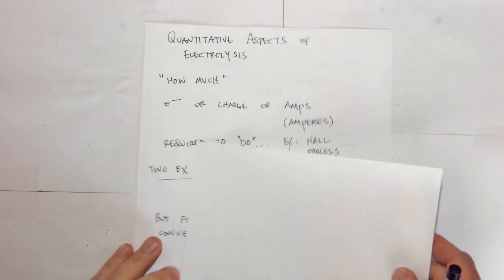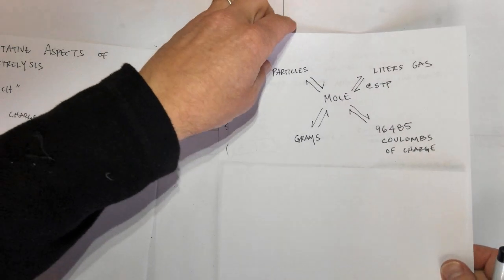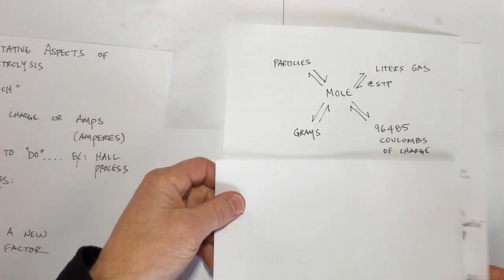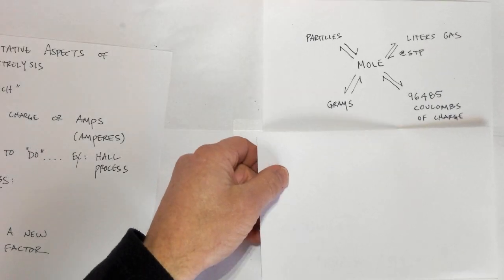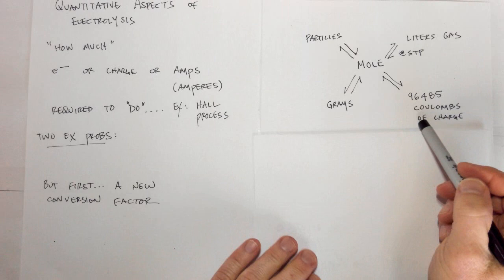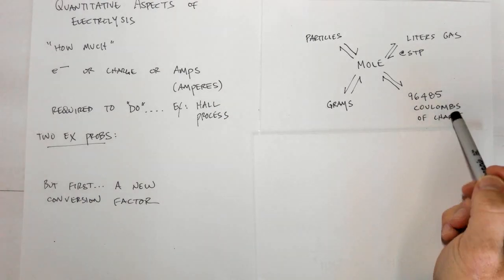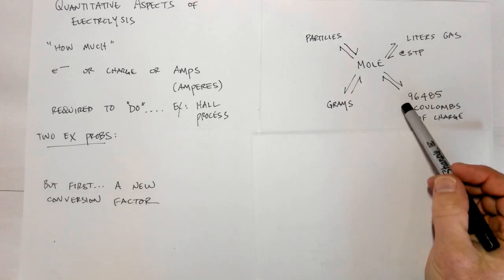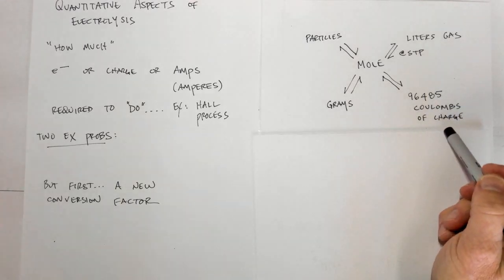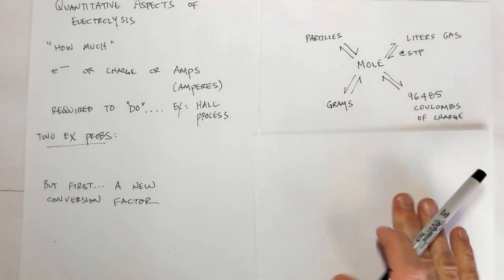The electron conversion factor we're going to look at is converting between moles and an amount of charge that's possessed by the electrons. The amount of charge possessed by a mole of electrons is measured in something called coulombs, and there are 96,485 coulombs of charge on 1 mole of electrons.